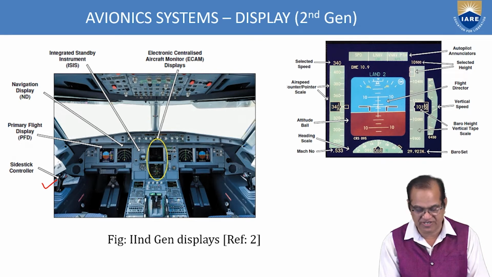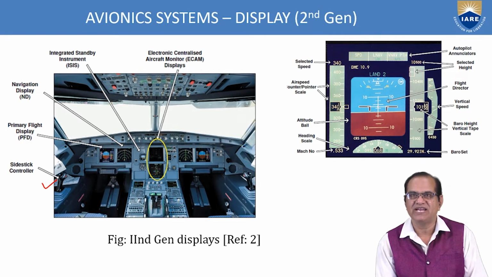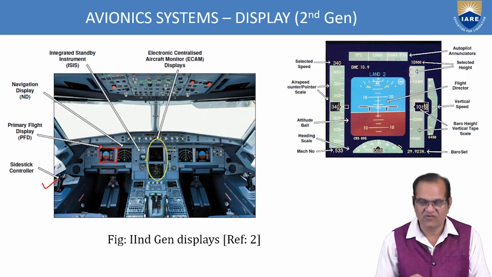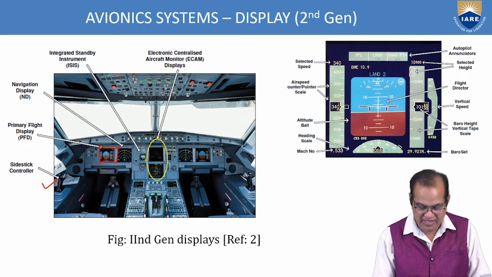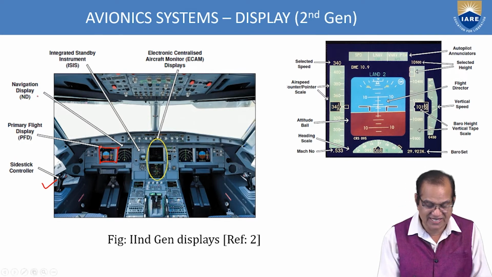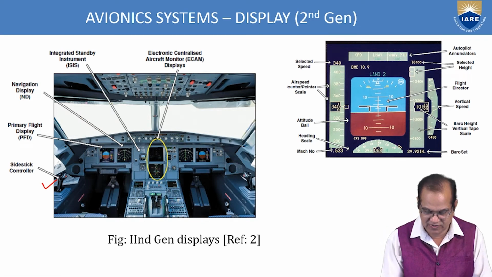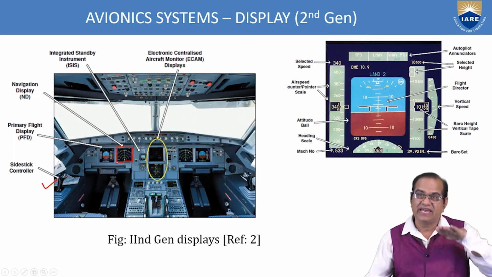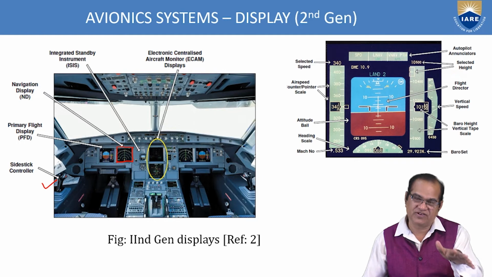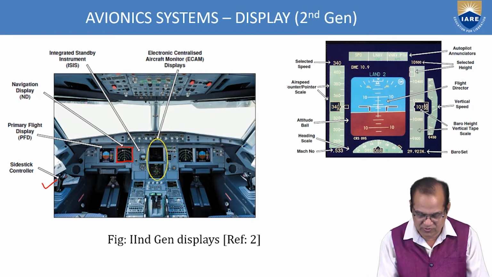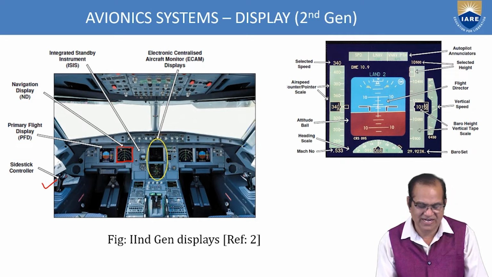It is called PFD, primary flight display. This part is the primary flight display. Then we have here the navigation display, ND. Navigation means the aircraft direction, aircraft positioning, its reference lines, all the things are visible in this navigation display.